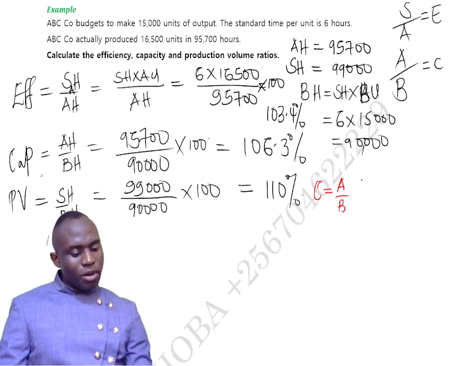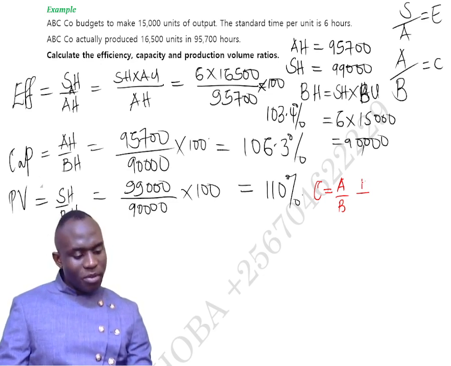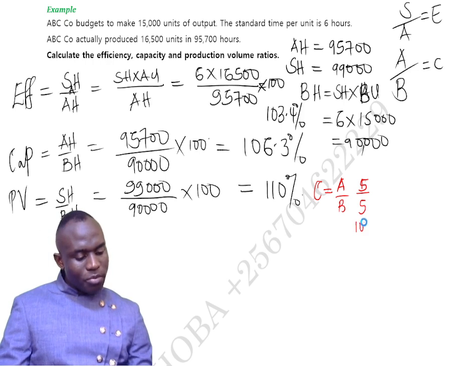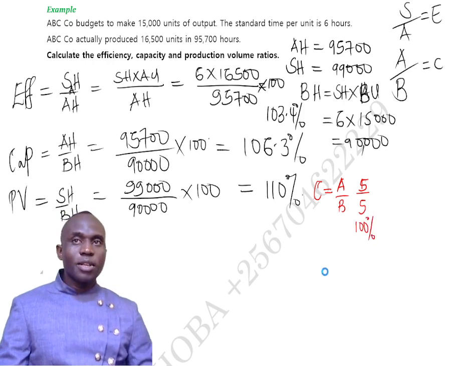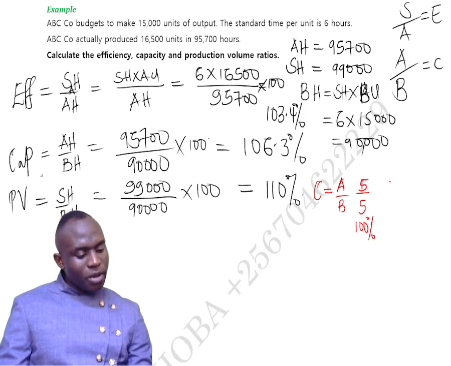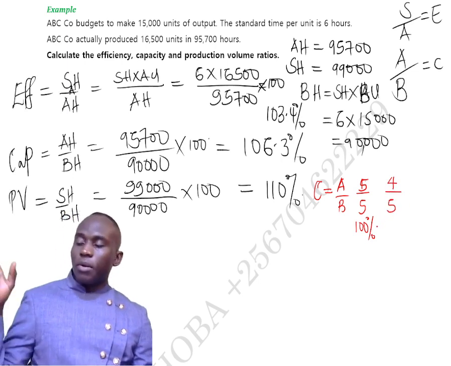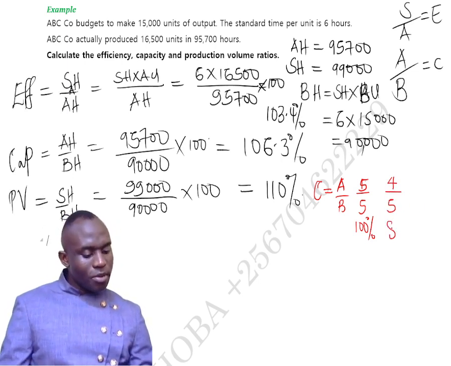What if actual hours were 5 and budgeted hours were 5? In this case, the ratio would be 100%. Now what if actual hours were 4 and the budget is 5? If you work out this, the answer you get is 80%.